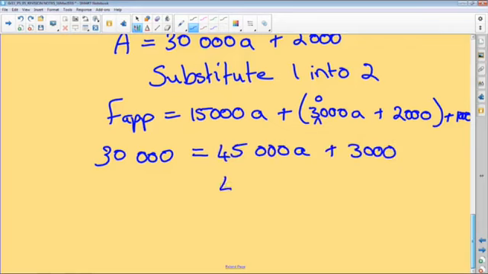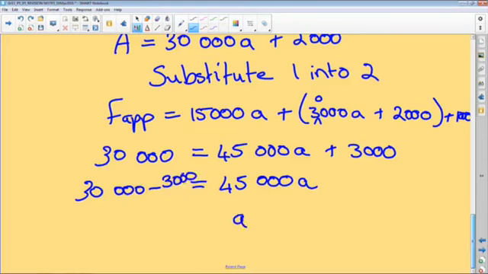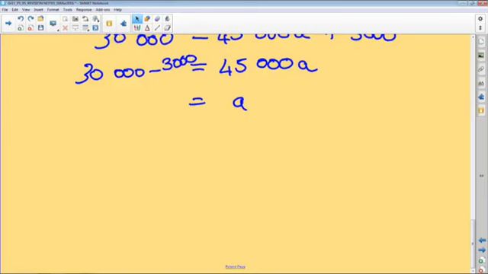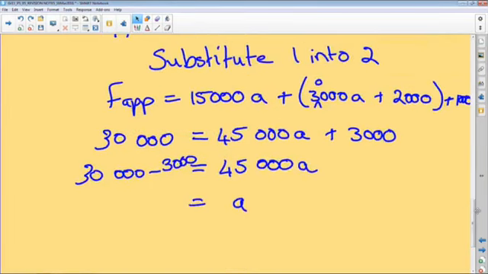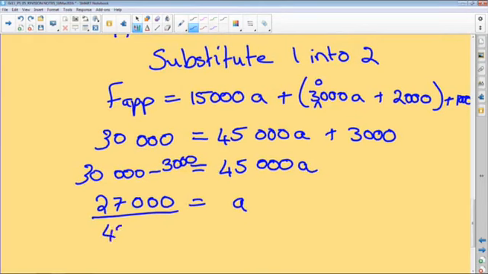Okay, so 45,000 A is equal to 30,000 minus 3,000. And then we're going to have a little fraction. Let's give myself a little bit more space. Okay, we're now going to say 30,000 minus 3,000 is 27,000 divided by 45,000.